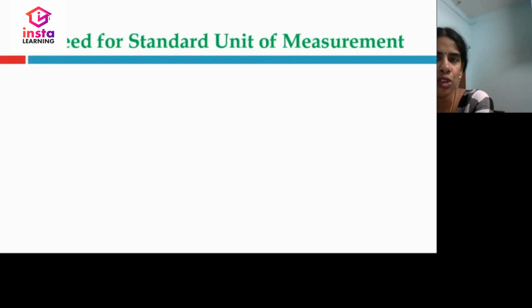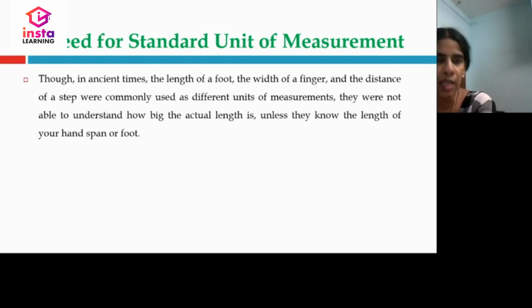Need for the standard unit of measurement. So we have these four units, but why do we need standard units of measurement? Yes, though in ancient times the length of the foot, width of a finger and the distance of a step were commonly used as different units of measurement, they were not able to understand how big the actual length is, because the length of your hand span or foot cannot be known by others.